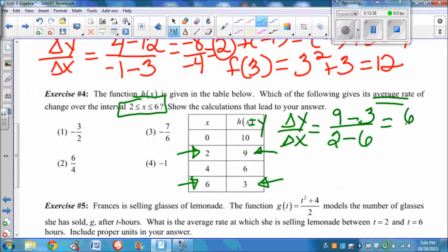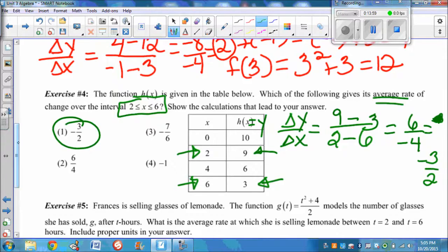So we end up with 6 over -4, which then simplifies to -3 over 2, or -3/2, which is choice 1.